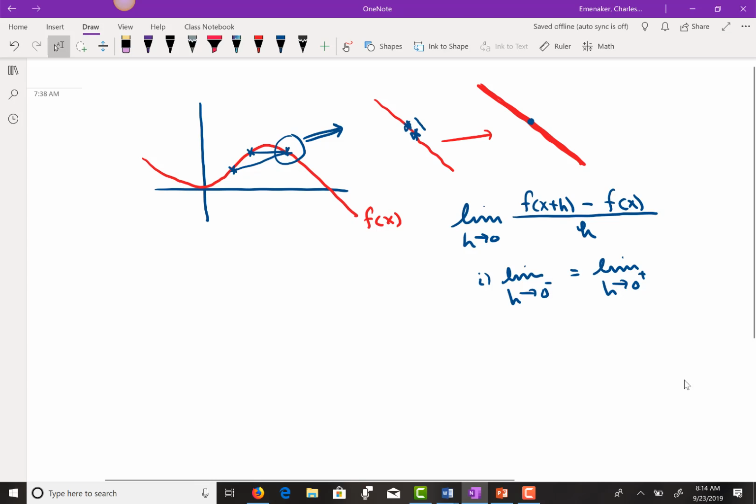The second thing is the function at whatever your value of interest is. Let's say this is the point x equals a, and that's where we're interested in getting a tangent line. It has to be equal to some particular value. I'm going to call it k.